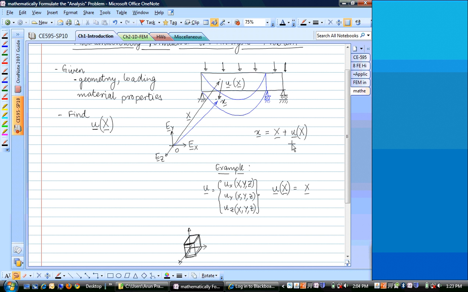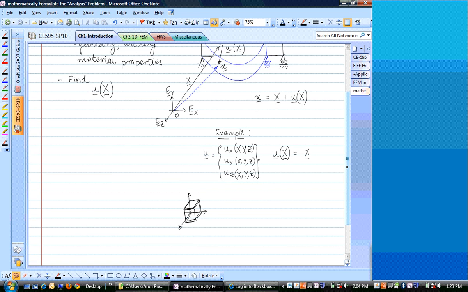That's the vector equation I've written out here. If u is equal to X, then the new location of the point would be just 2X. And what that means is that after deformation, this will become a cube of side 2. Instead of side 1, this side was 1, this side is 2.